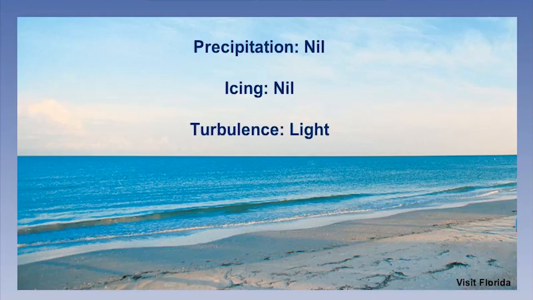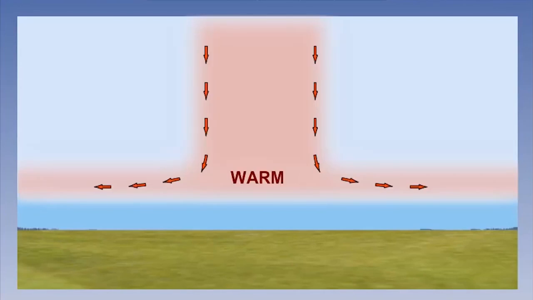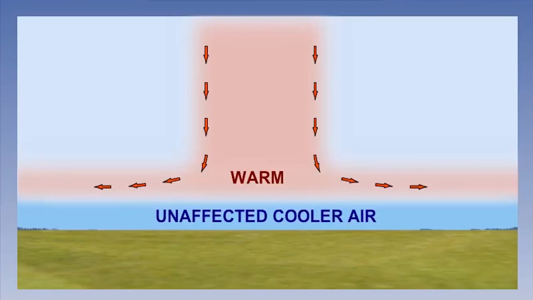Next, we shall look at the visibility we might find within high-pressure systems. In warm anticyclones in particular, we have large-scale descending warm air. However, there is a layer very close to the Earth which is unaffected by this warm descent. As a result, this layer of air will be cooler than the warm air above.